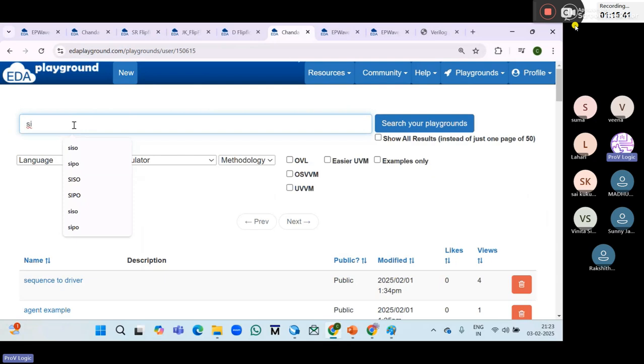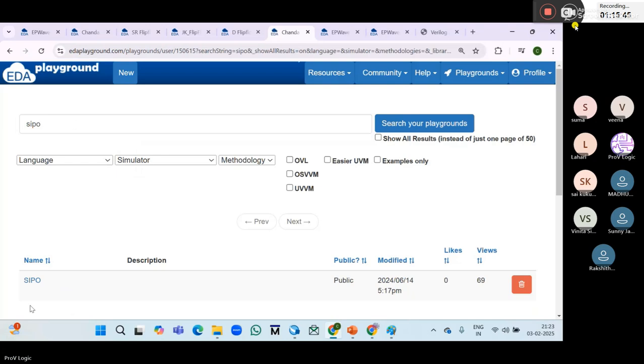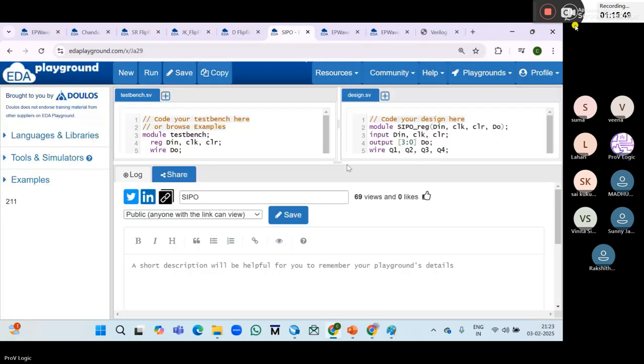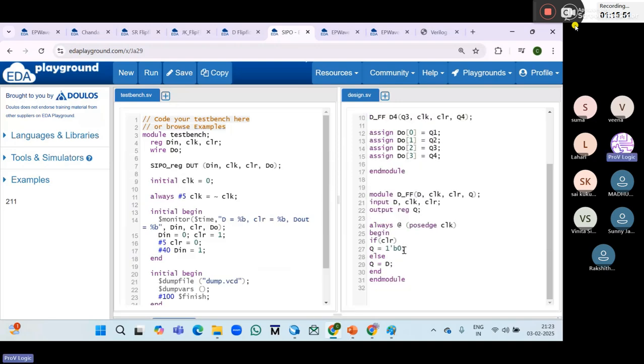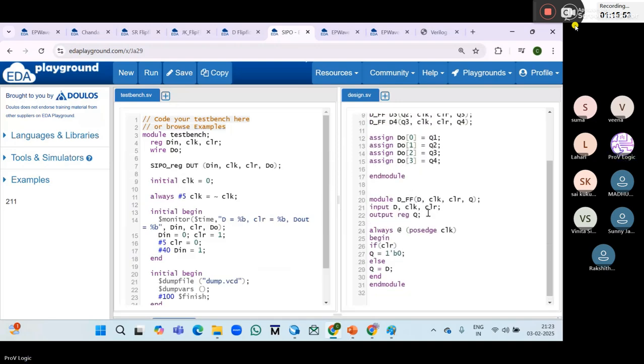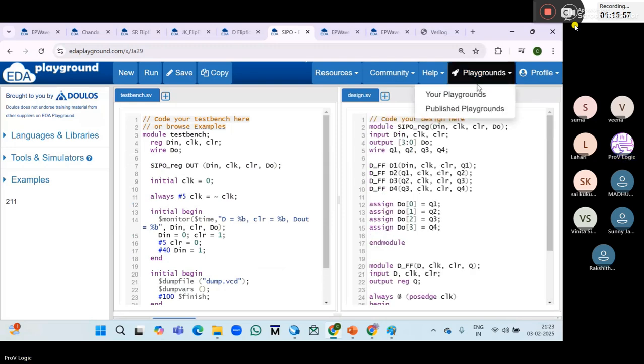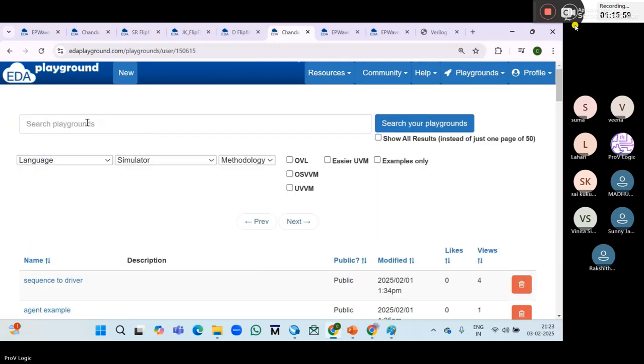Serial in parallel out. Structural modeling. Serial in serial out.